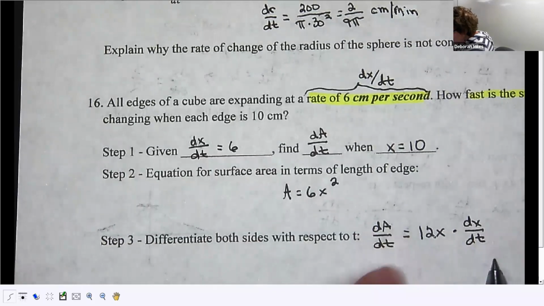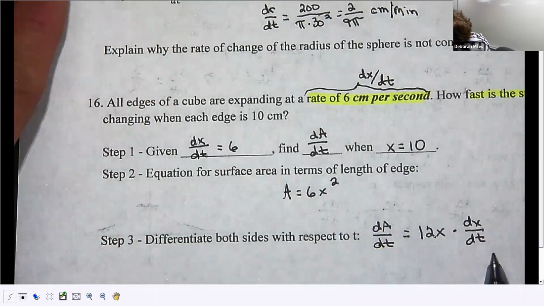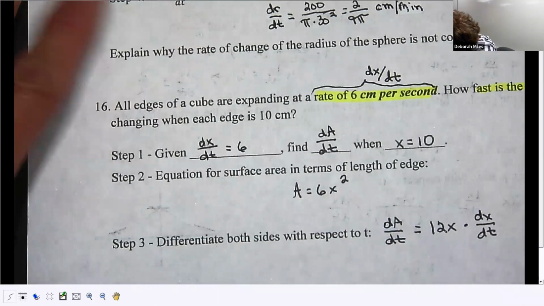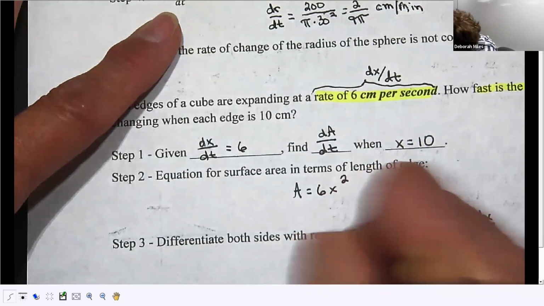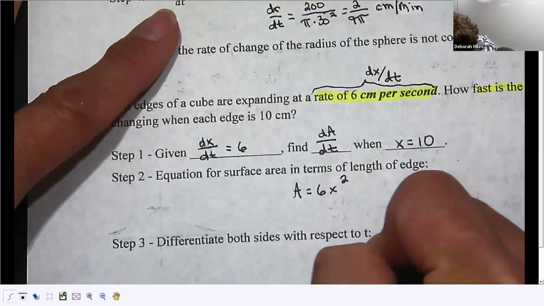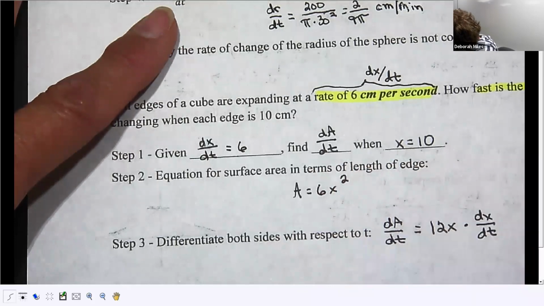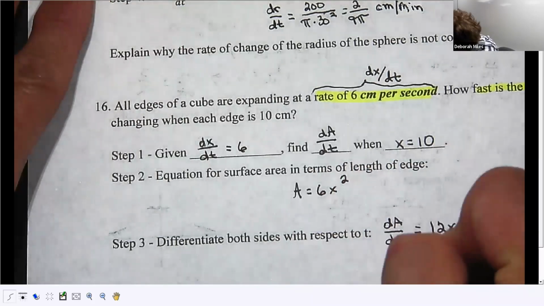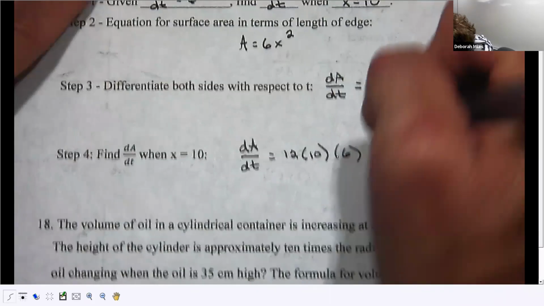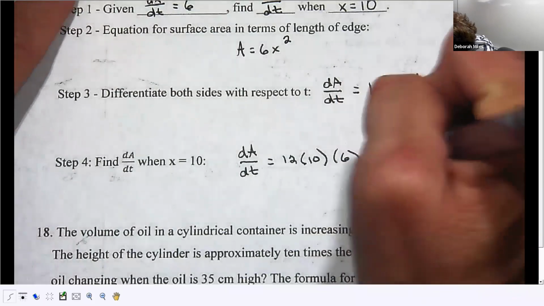Now we can say when x is 10, dA over dt will be 12 times 10 times our constant dx over dt, which is 6. That's 120 times 6, or 720.